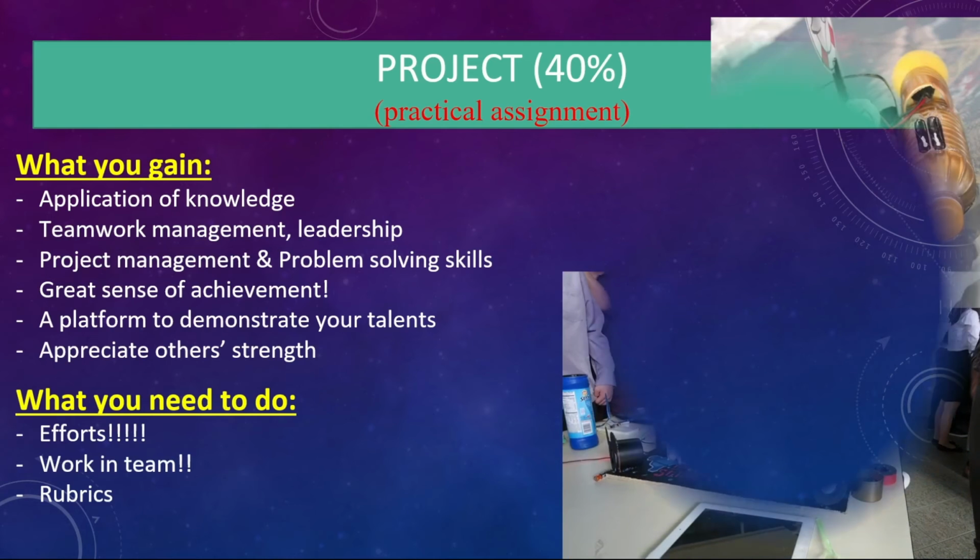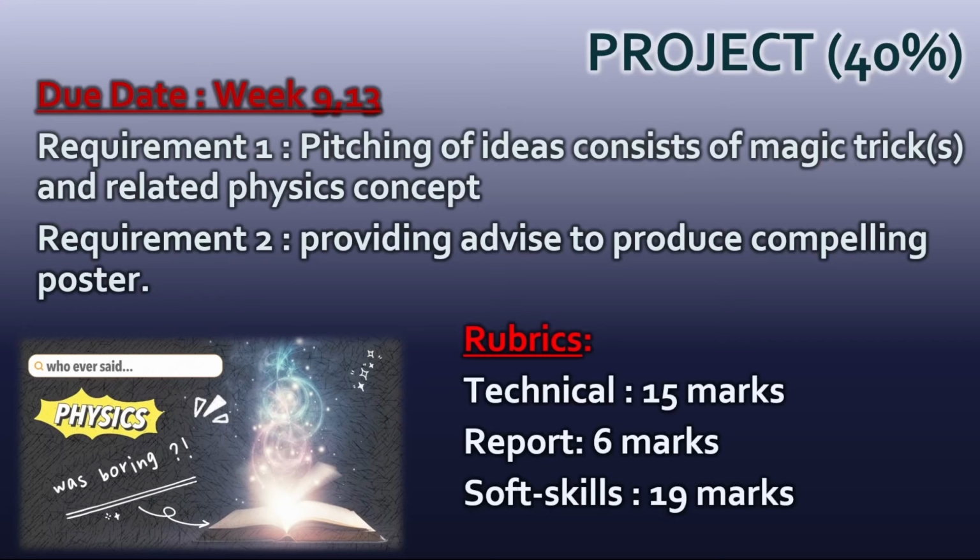But what I can tell you now is that the theme of your project will be "whoever said physics was boring." So basically, you will have to perform some magic tricks that are related to physics. At the moment, before I get the confirmation from the collaborators, what I want you all to do is perhaps start to look for ideas for magic tricks.